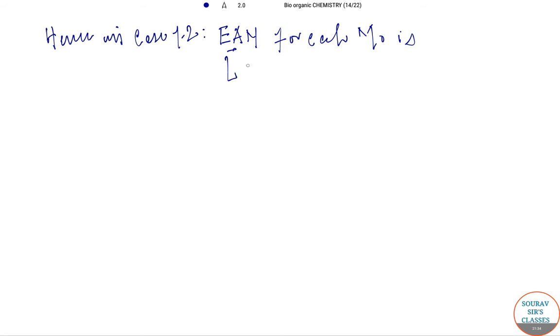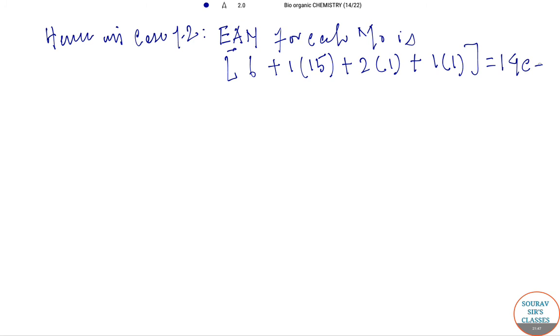Then in case 2, the EAN for each Mo is 6 plus 1 into 5 plus 2 into 1 plus 1 into 1, and that is 14 electrons.